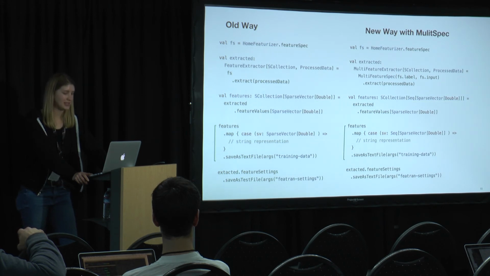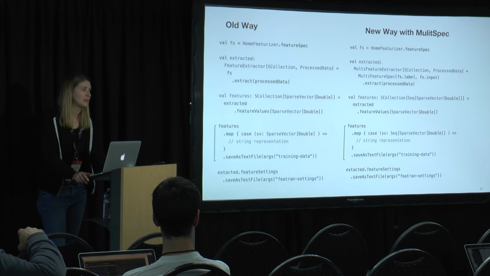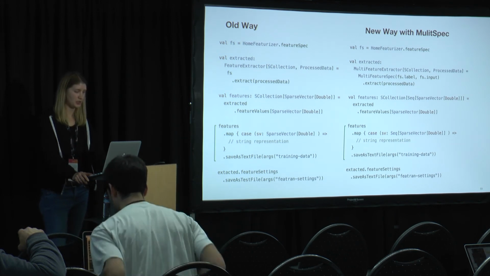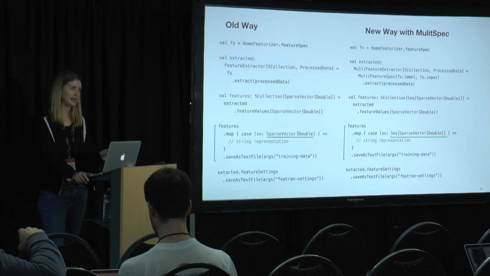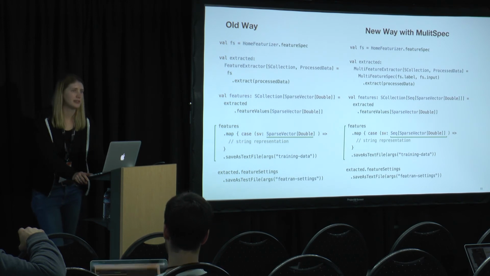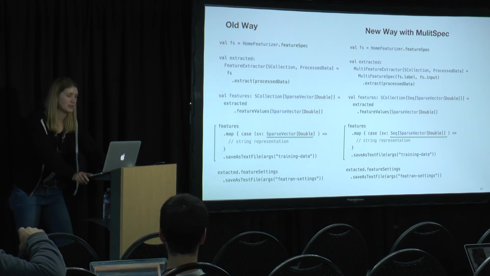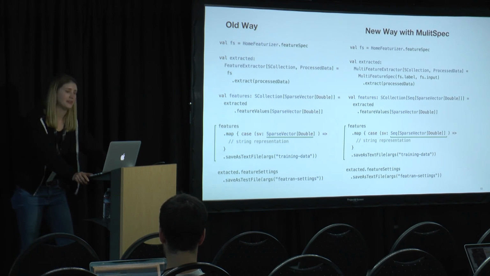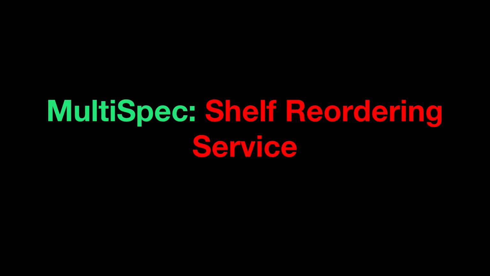Right? So then in the example, we mapped our sparse vector input to a string representation. Again, the inputs are a little bit different from this, either just one sparse vector or a sequence of sparse vectors, where the size of that sequence depends on how many feature specs you passed into your multi-feature spec. And you save your settings in the same exact way. And so those are the major changes in the data pipeline you'd have to make.